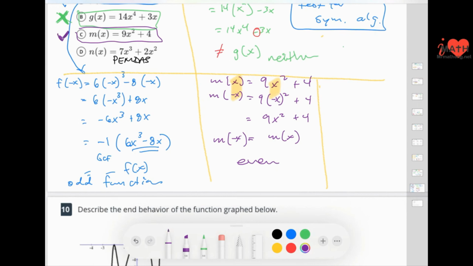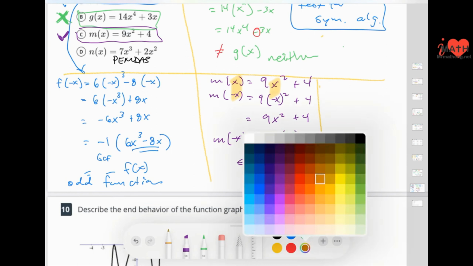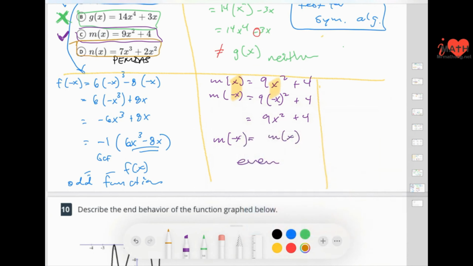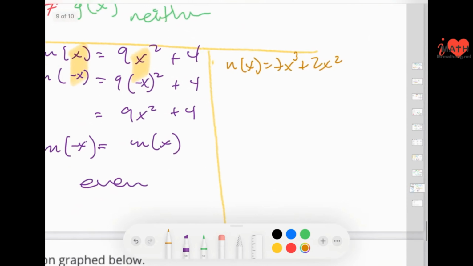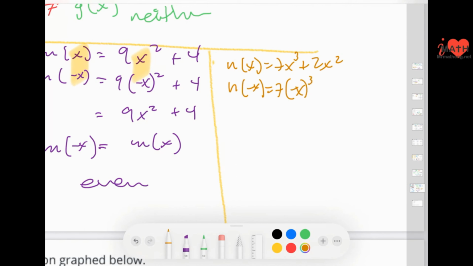And let's just double check that the other one was wrong. Let's do this one in orange. N of x equals 7x cubed plus 2x squared. And so negative x equals 7 times negative x cubed plus 2 times negative x squared.